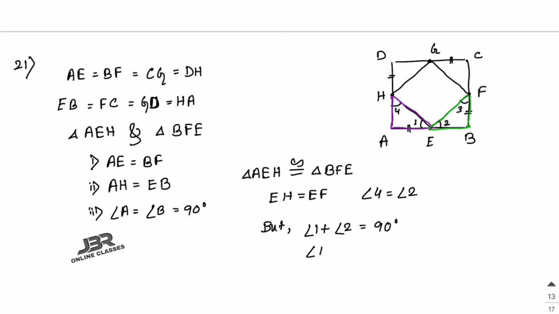So definitely here angle HEF equal to 90 degree. So as here EH is equal to EF, and that angle equal to 90 degree, definitely this one is a square. So you can write down here EFGH is a square, and it's proved.